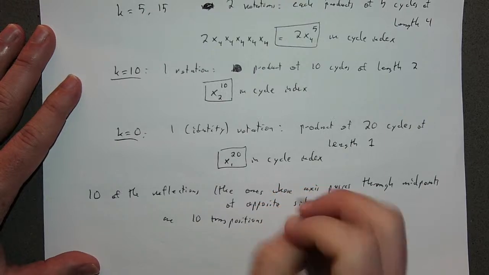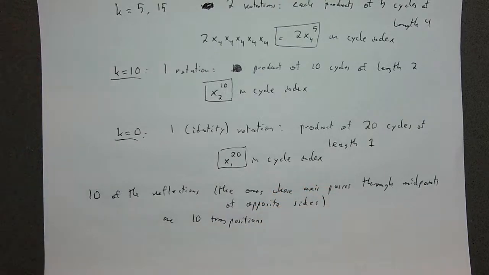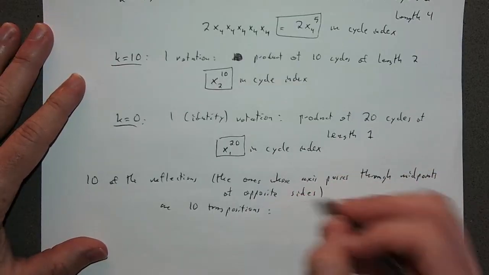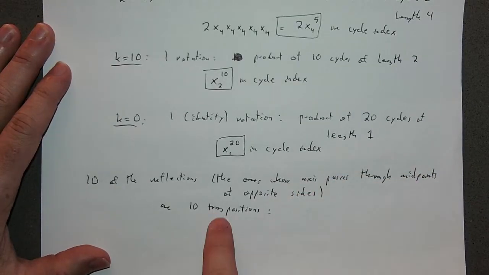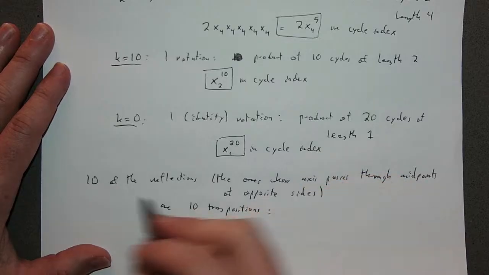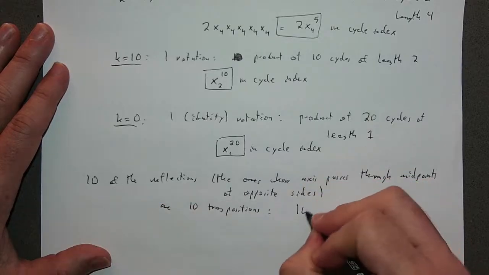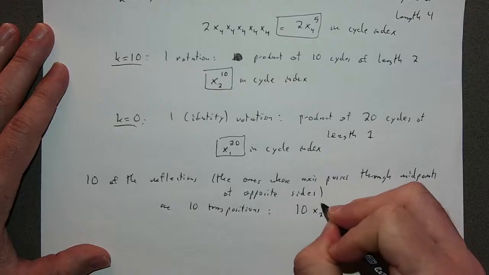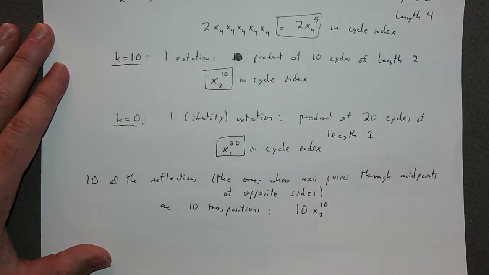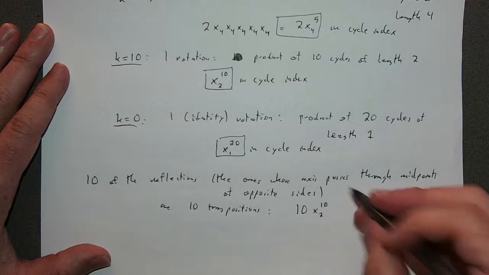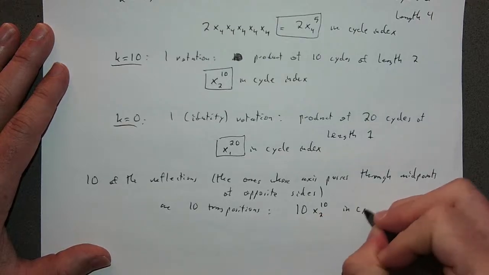The 10 transpositions describe how the reflection happens in this 20 gon. A transposition is a cycle of length 2. So this is 10 cycles of length 2, and there's 10 of these reflections. So that is what is contributed in the cycle index.